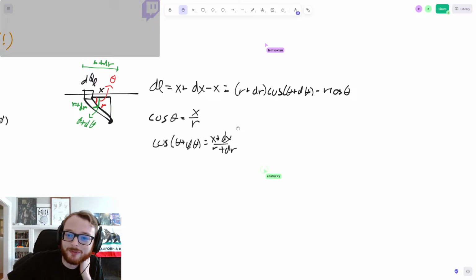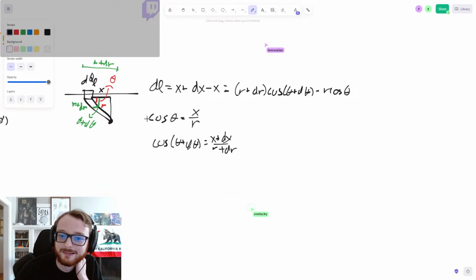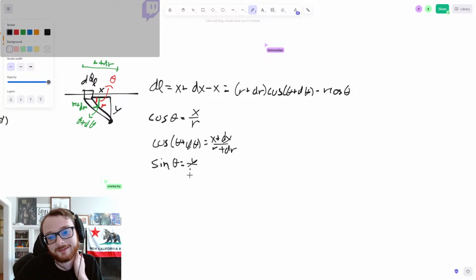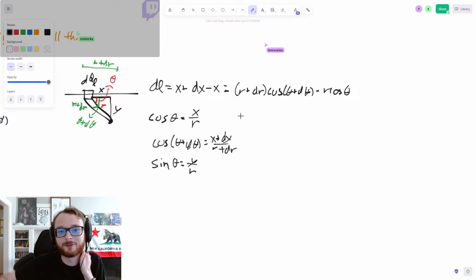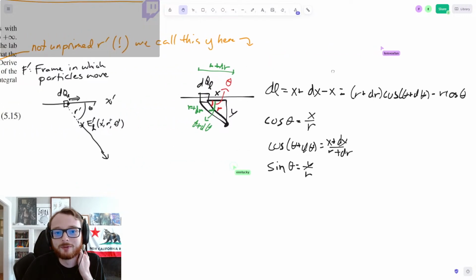And maybe we're going to want sine to do that. So if I call the orthogonal distance constant y, yeah, then sine theta is y over r. I kind of hate when we have r plus dr and theta plus d theta, but we can do it.